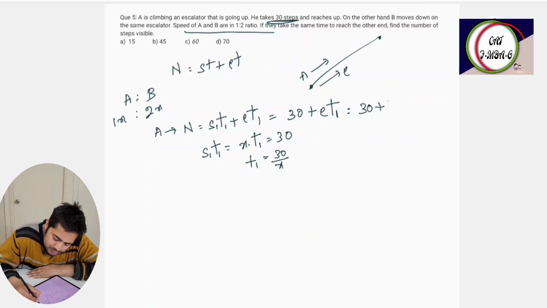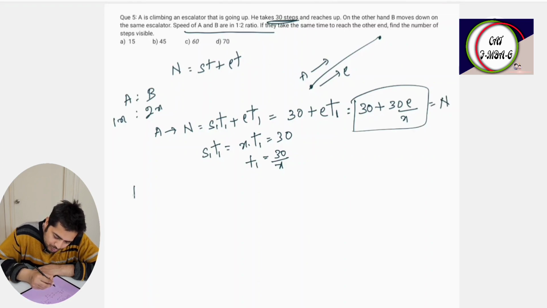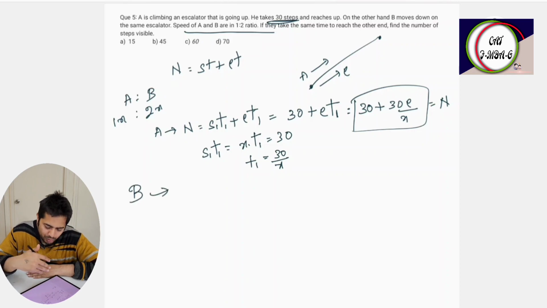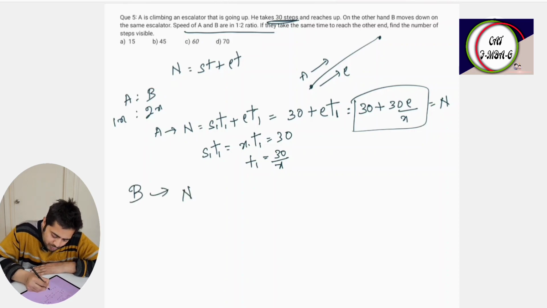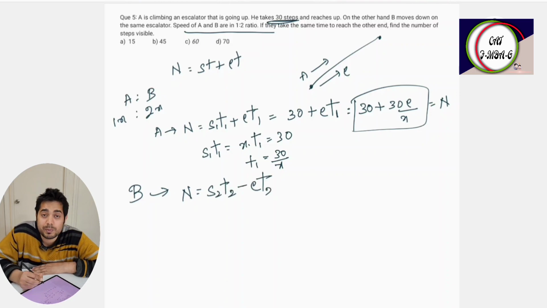So 30 plus 30 E by x. This is the case for A. Now B. B moves down on the same escalator. So N is equal to S2 T2 minus E T2 because B is moving down.